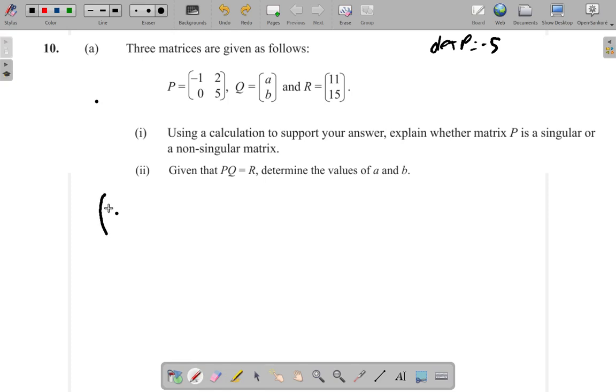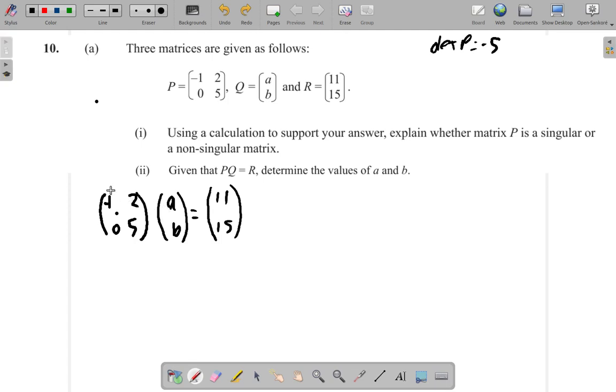So that means this matrix -1, 2, 0, 5 multiplied by A, B is equal to 11, 15. Now multiplying the matrices, remember it's row by column. We have two rows and 2 columns in the first one, but we have only 1 column in the second.